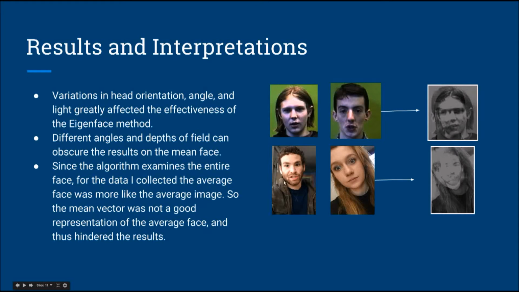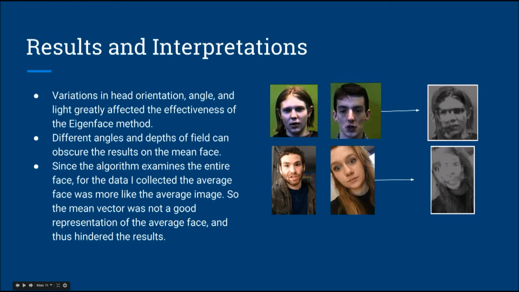And obviously, as you take the sum of more faces and divide them, it will get more normalized, but still you're going to have a ton of obscurity because it doesn't look at the face, it looks at the whole image. So the thing which it calculates as the average face is not the true average face.